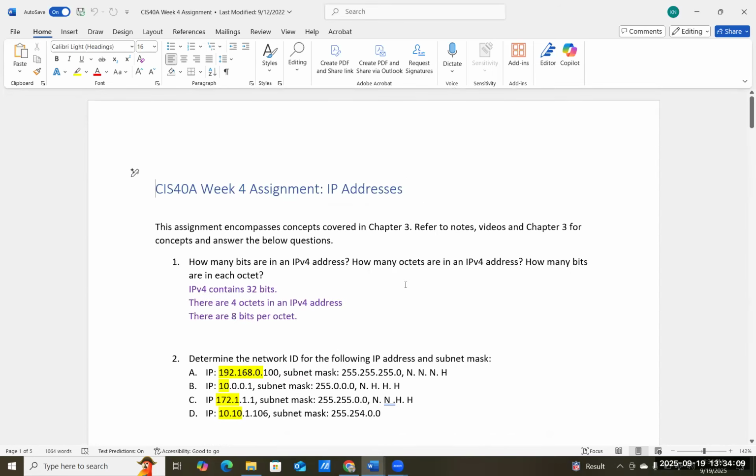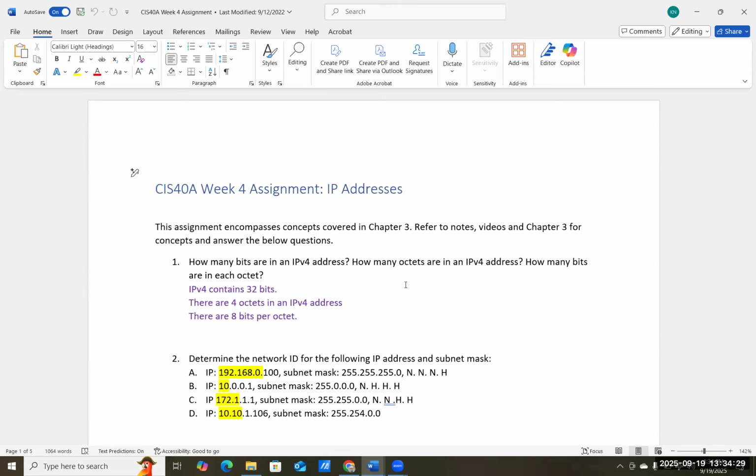So the first question asks you, how many bits are in an IP version 4 address? And that will be 32 bits total. Now, how many octets are in an IP version 4 address? We mentioned that there are 4 octets.